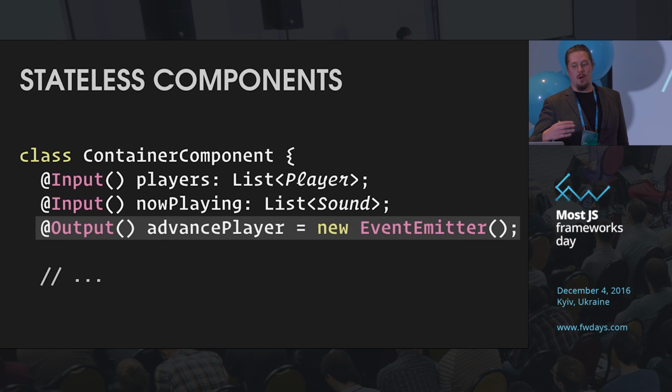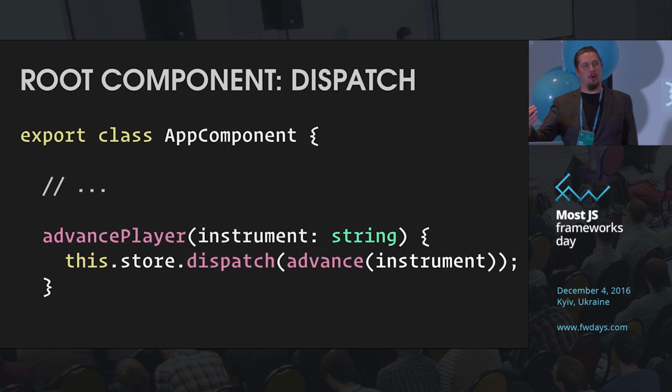And then turning that around, when the user initiates an event, for example, when they click on one of those buttons, that event we then trickle back up the component tree using Angular component outputs. So events reach the root component at some point, where we then go and dispatch an action back into the store. So that's how the root component ends up having a bidirectional relationship with the store.